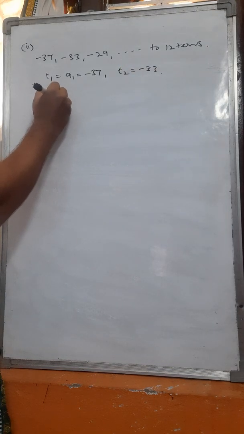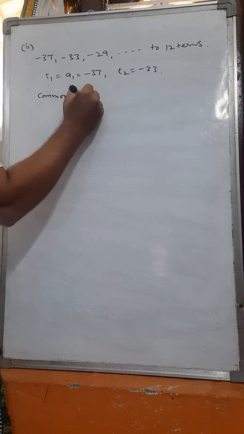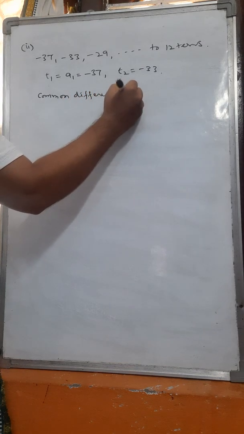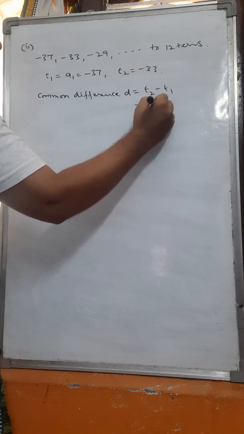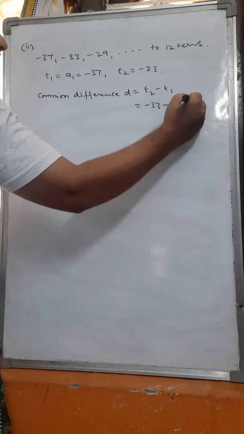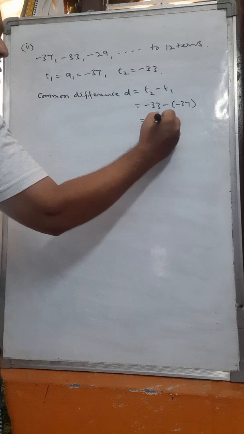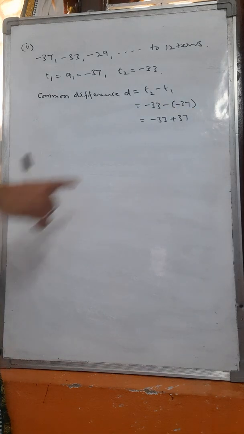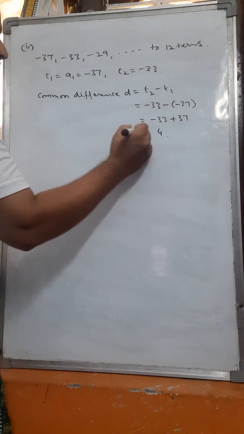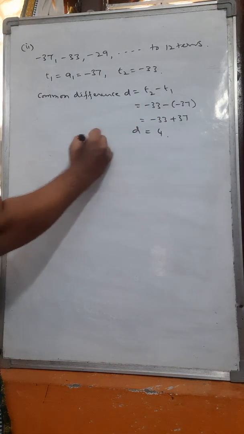So the common difference D is equal to T2 minus T1. T2 means minus 33 minus of minus 37. So minus 33 plus 37, that is 4. So D is equal to 4.